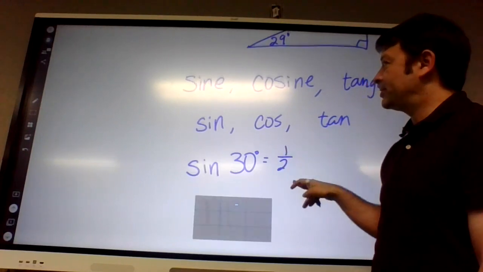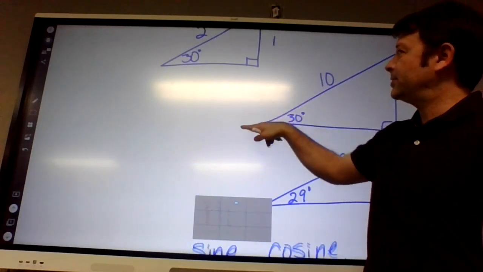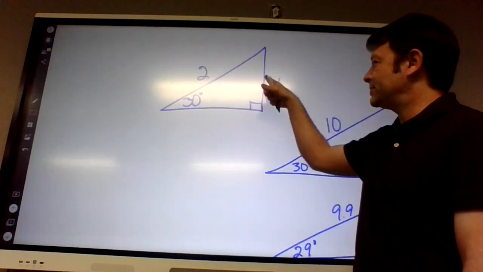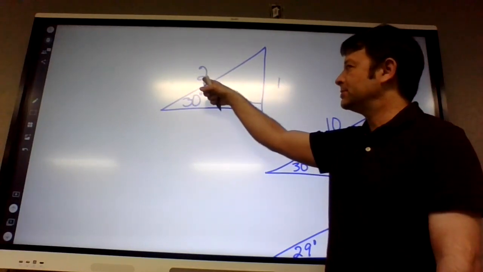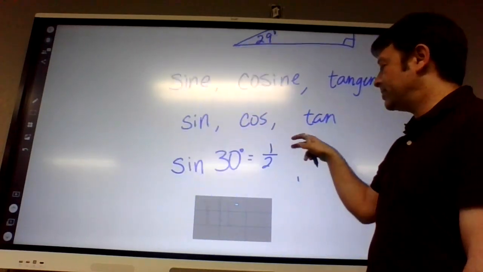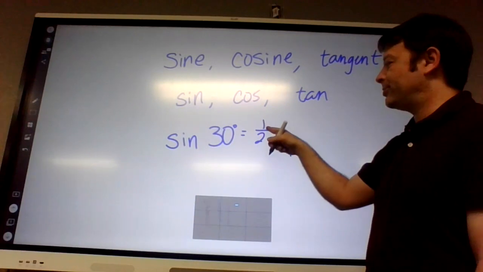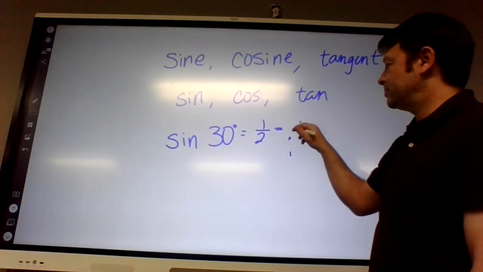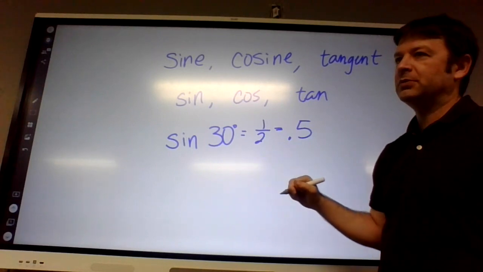Do you remember at the beginning when I said 30 degrees, that's a 1 and a 2? So what sine tells us is this 1 over 2 part. It tells us the ratio. But on your calculator, it probably won't spit out 1 over 2. It'll probably spit out 0.5.